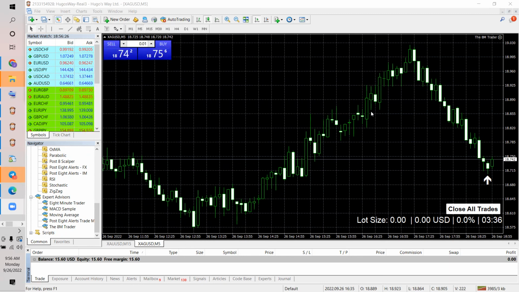But based on where we're at this point, there are going to be adjustments that need to be made. So certainly that means we can go to a higher time frame, such as the 15-minute time frame, and make those particular adjustments.